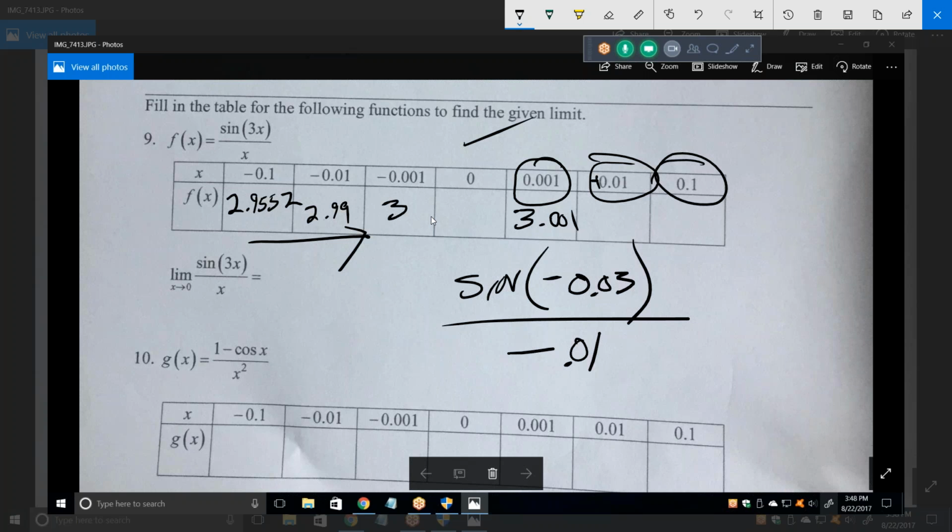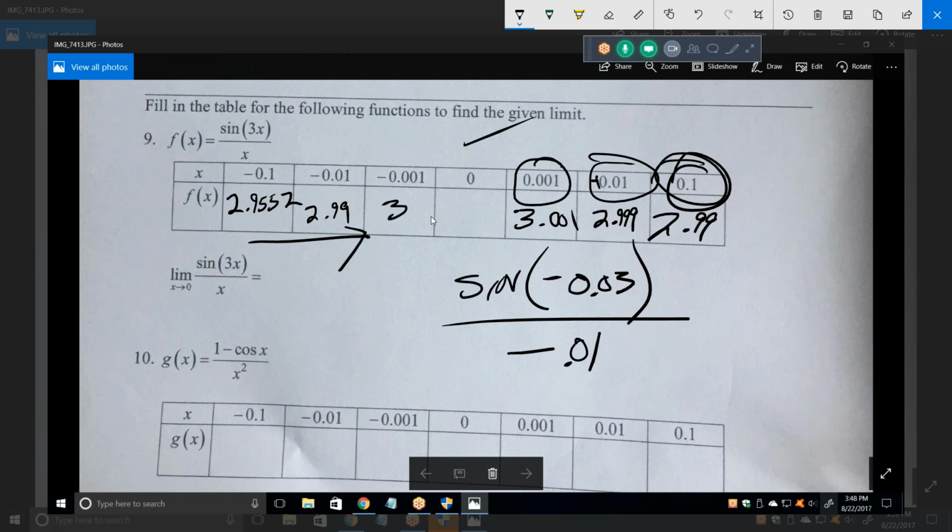I don't know where that negative sign came from. 2.99955. And how about this final one? What's 0.1? When you put in a positive 0.1, multiply it by 3, take the sine of it, and divide by 0.1. 2.9552.